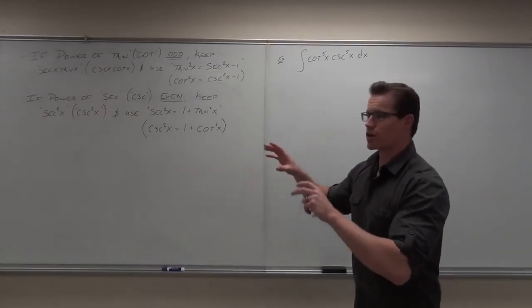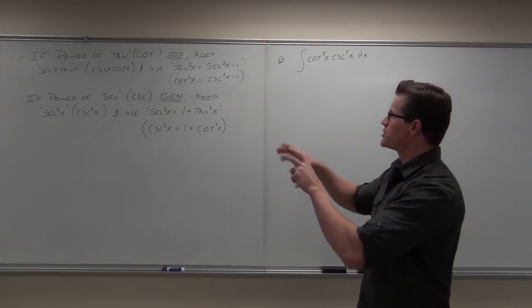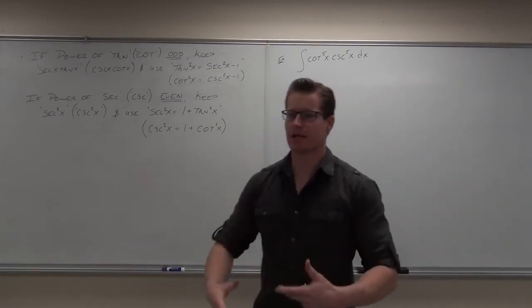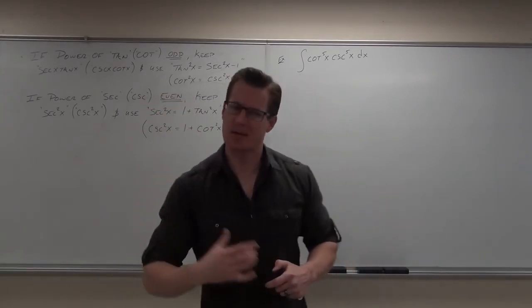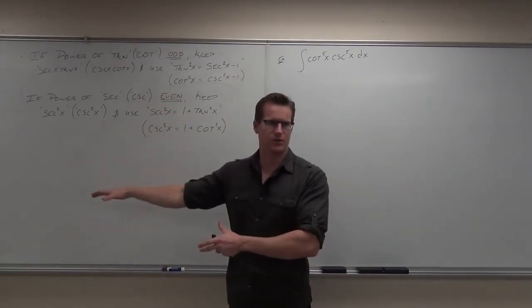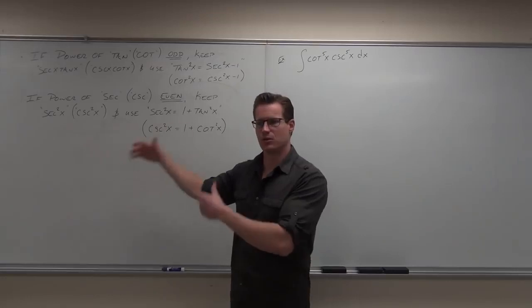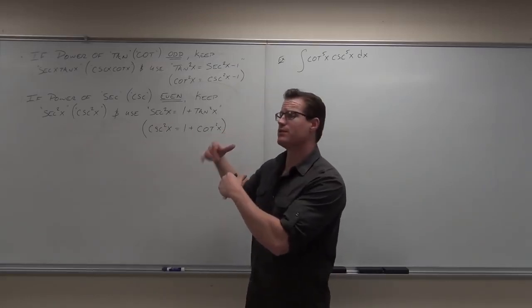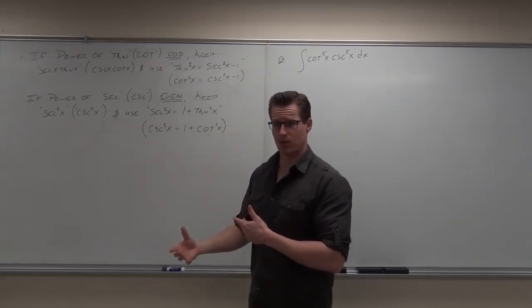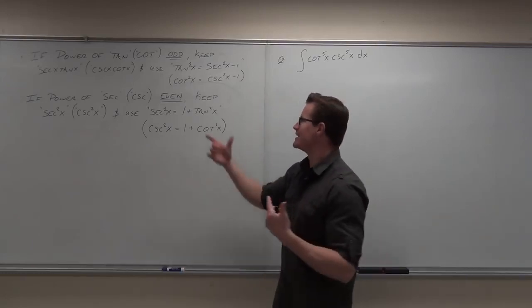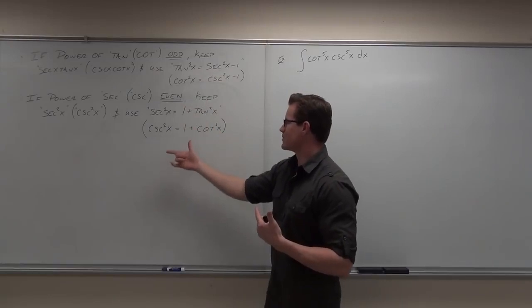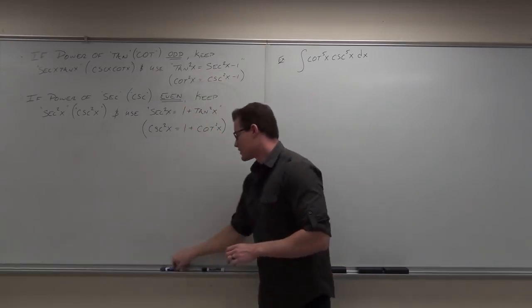Cotangent and cosecant work really, really similar to tangent and secant. So the same thing that we just did with tangent and secant, we can basically do with cotangent and cosecant. Of course, the derivative is a little bit different, so it's got a negative in there we'll have to be aware of. As long as we don't mess up that negative, it works really similar. Even the identity is pretty much the exact same thing. So it's really close.